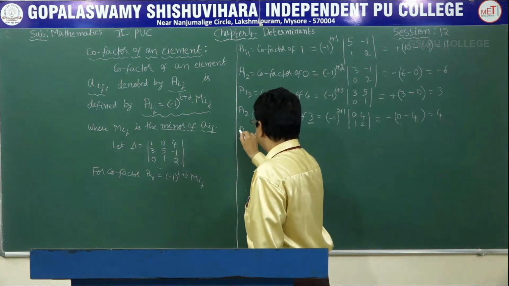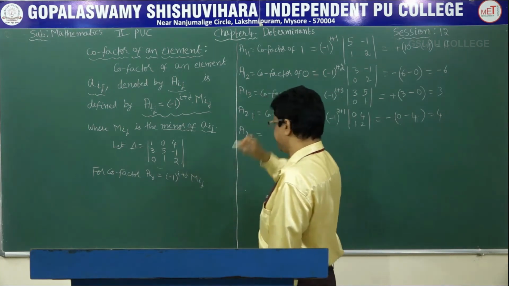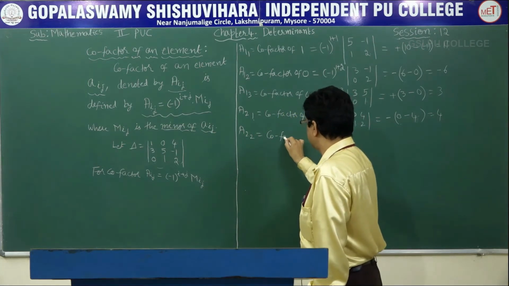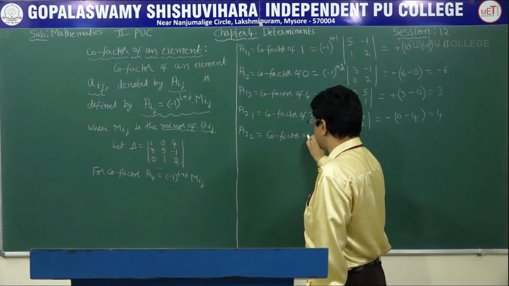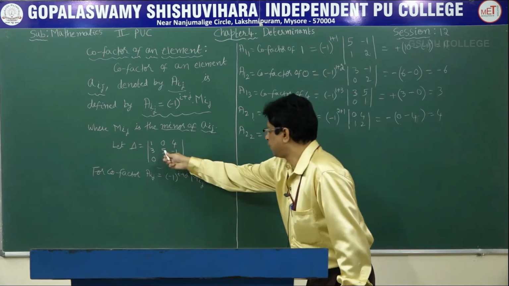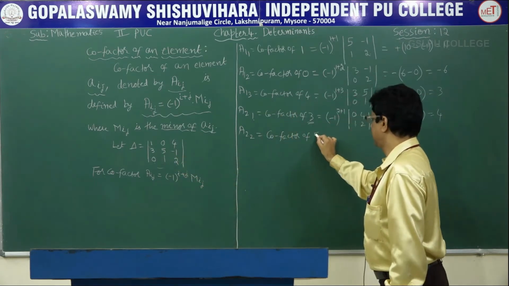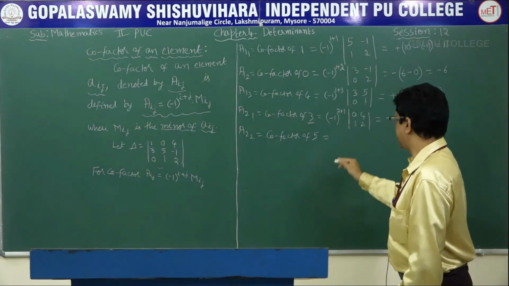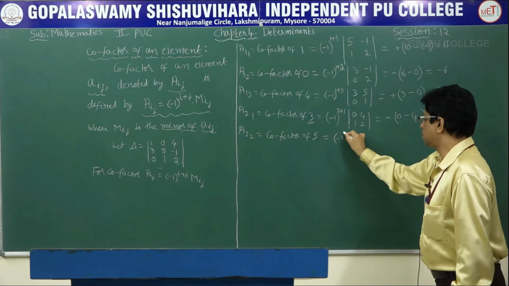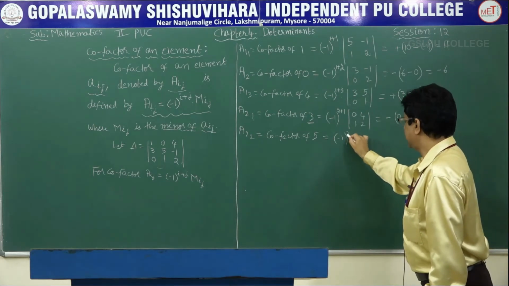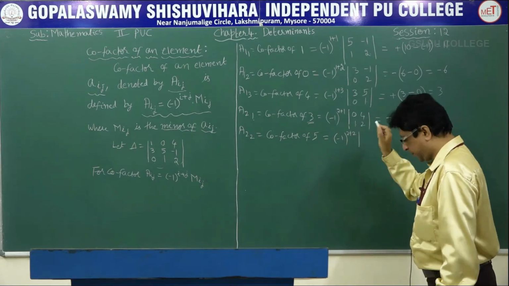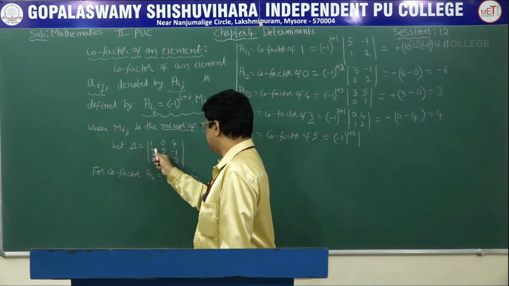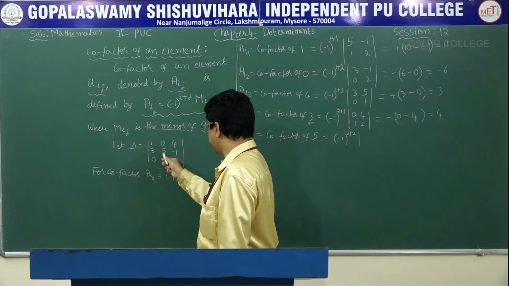Next, A22 is equal to the cofactor of 5. That will be equal to (-1) to the power of 2 plus 2 into the determinant, because 5 lies in the second row and second column.